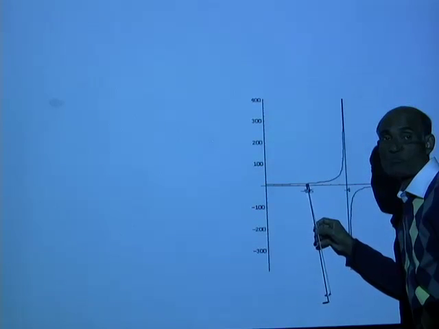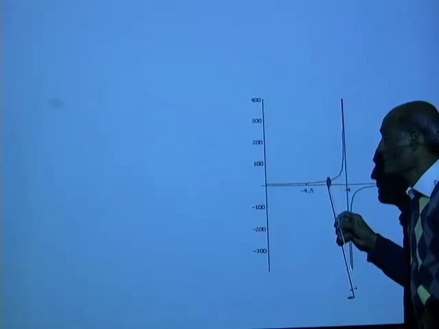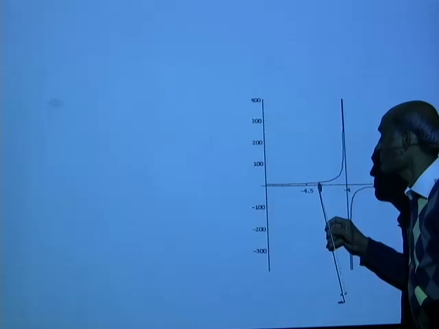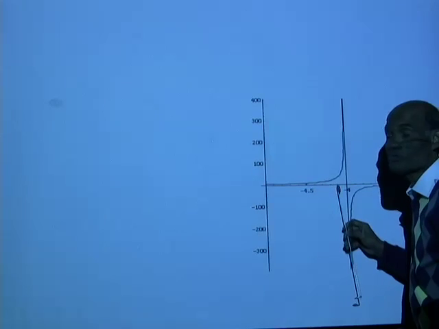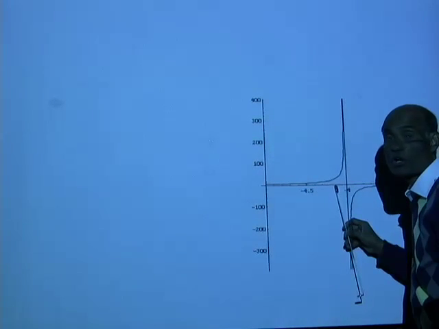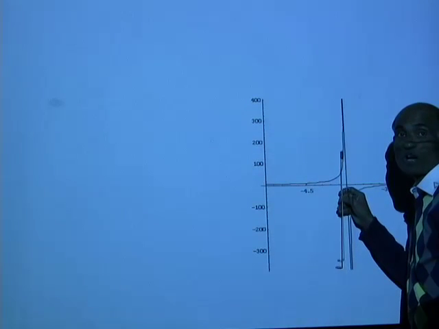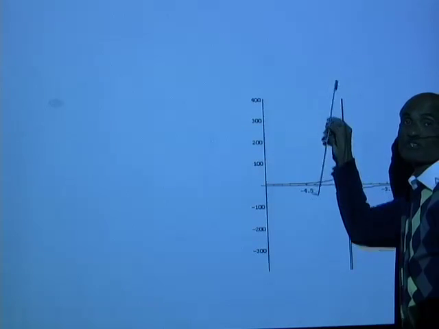And as x gets closer and closer to -4, look at the language I'm going to use. x is approaching -4 from the left. Can you see that? x is approaching -4 from -4.5, -4.4, -4.3, -4.2, -4.1. As x gets closer and closer to -4 from the left, where is the function output going? It's going towards positive infinity.